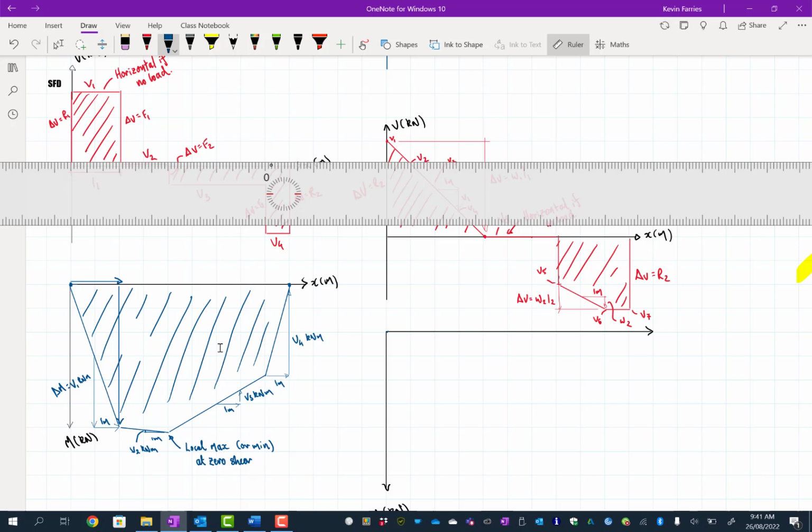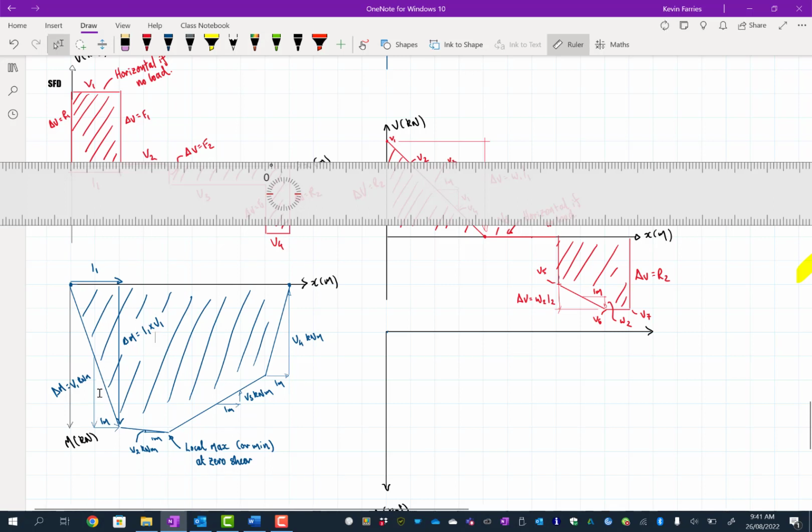So this here is L1, then the change in moment would be equal to L1 times V1, just the area under it, or V1 times L1. So the change is just the area under that.